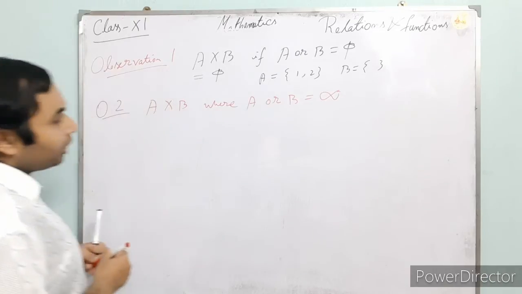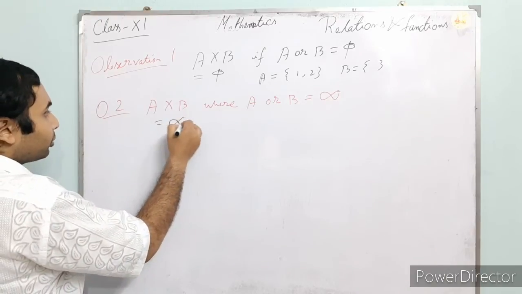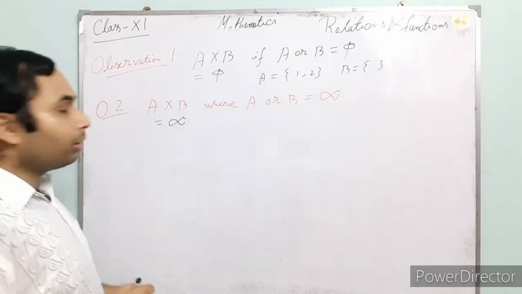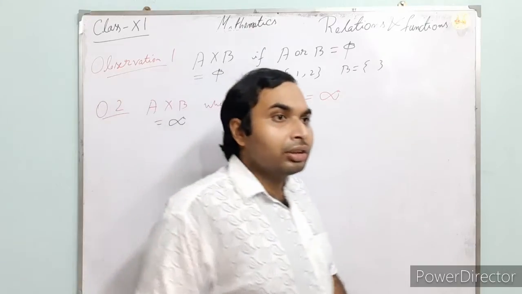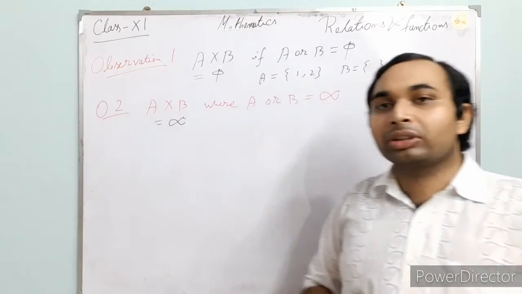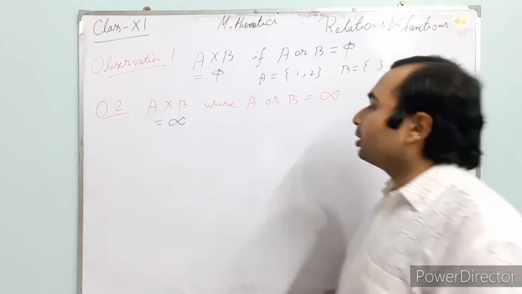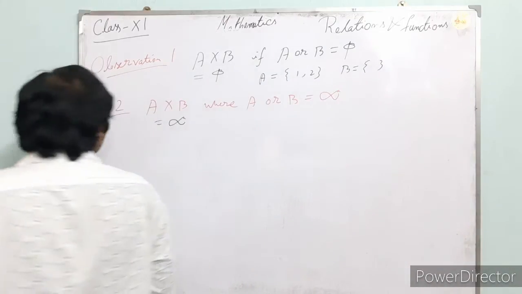A or B, any one or both will be infinite. So obviously it will also have an infinite number of terms. Simple thing. A number multiplied by infinite numbers, so how many numbers will you get? You will get infinite numbers. So that is all. Very easy observation.